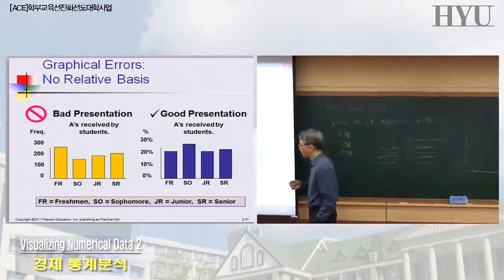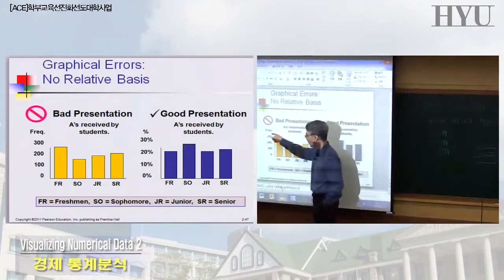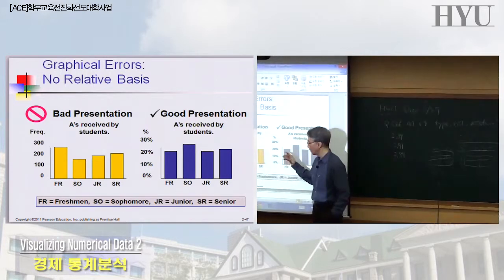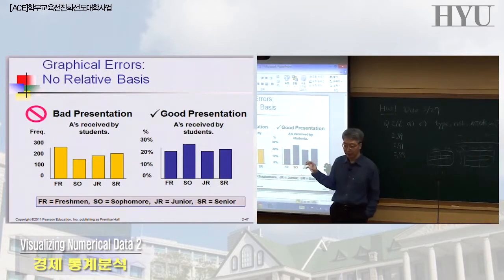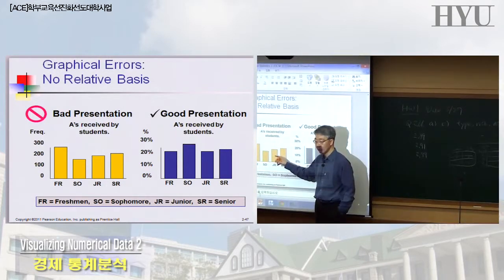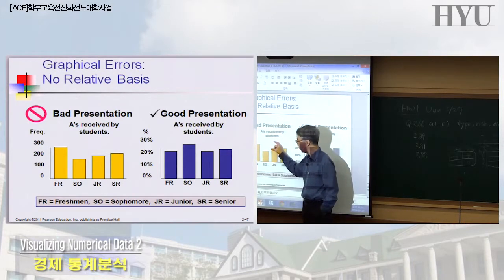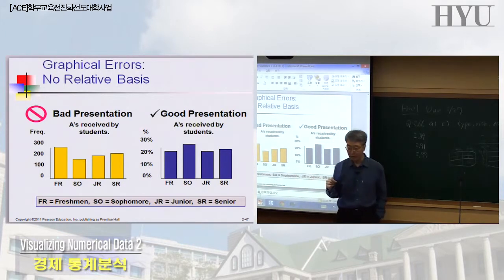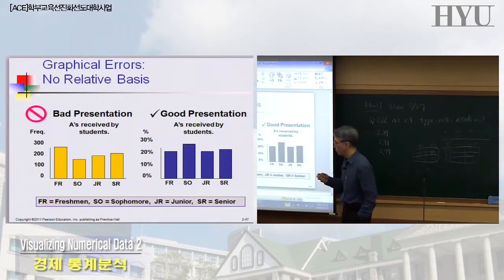The first graph shows actual frequency. The second graph shows relative frequency. And within the context of this data, the actual frequency may not be very meaningful. Because if you count just the total number of students receiving A from each class, what if the total number of sophomore students is much less than other classes? It could happen.